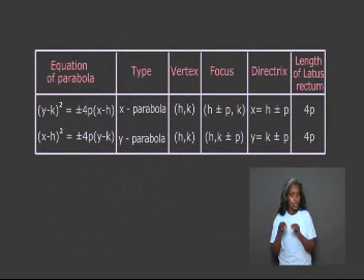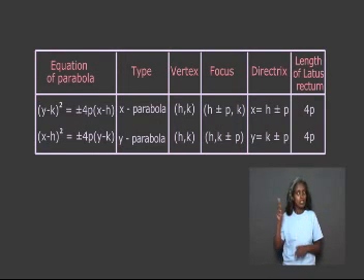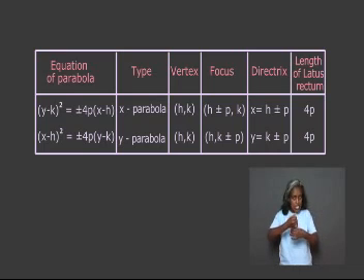Students, please take a minute to copy down this table. It summarizes what we have learned today about the properties of parabolas.